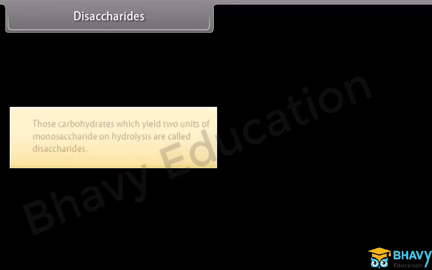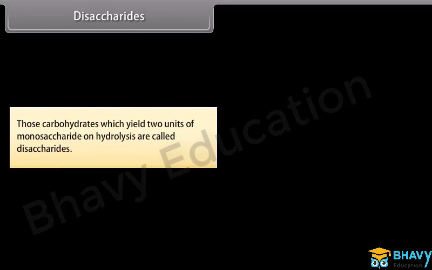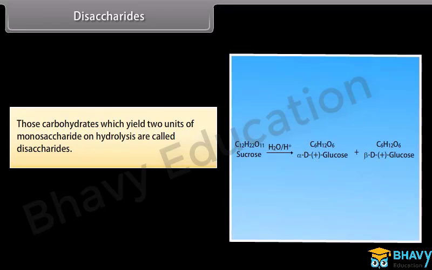Disaccharides. Those carbohydrates which yield 2 units of monosaccharide on hydrolysis are called disaccharides. For example, sucrose yields alpha-D-glucose and beta-D-fructose on hydrolysis.